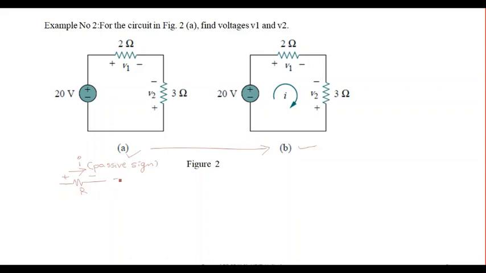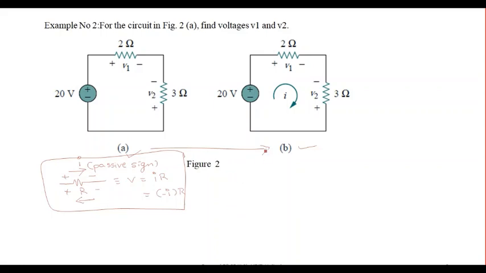In this way, if I ask you to define Ohm's law, we can define V equal to I into R. If I change the current direction with the same polarities, then instead of plus I, it will be minus I into R. This one you need to keep in your mind, it will be useful here.